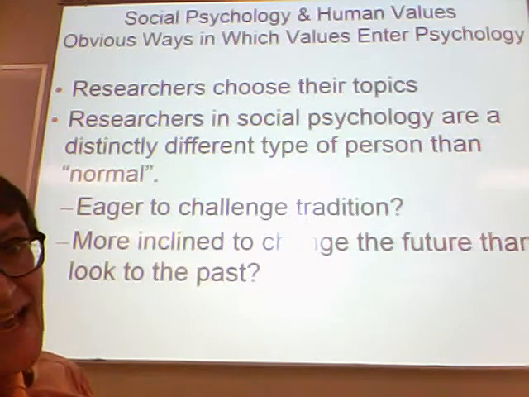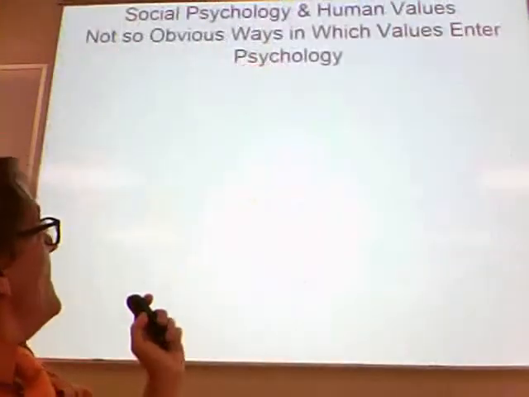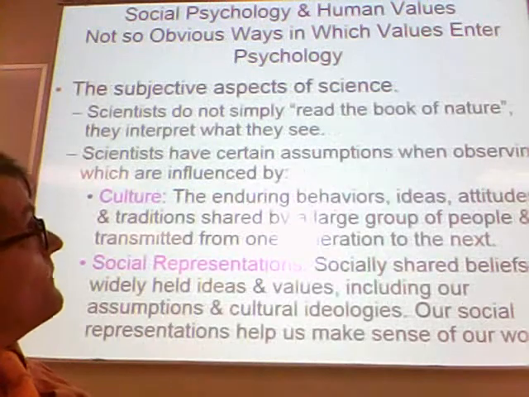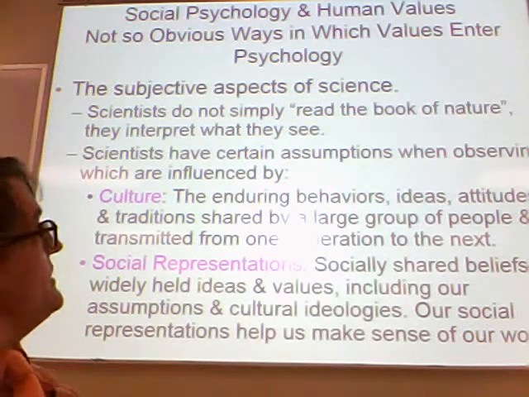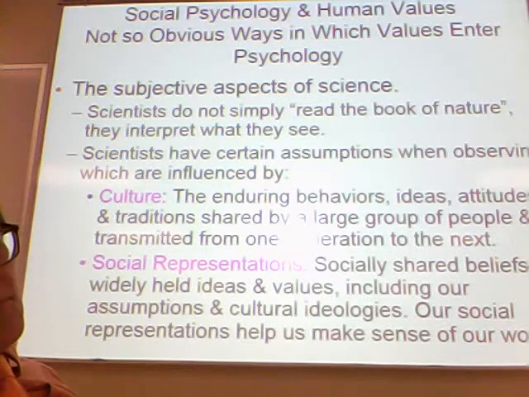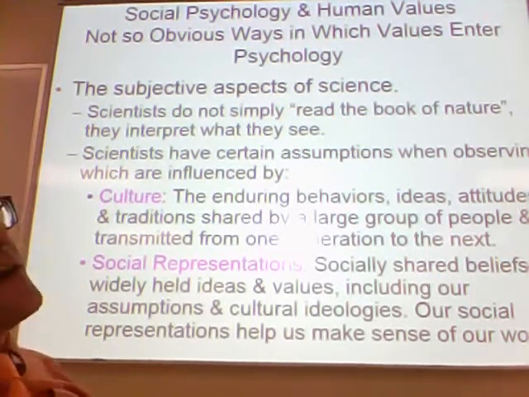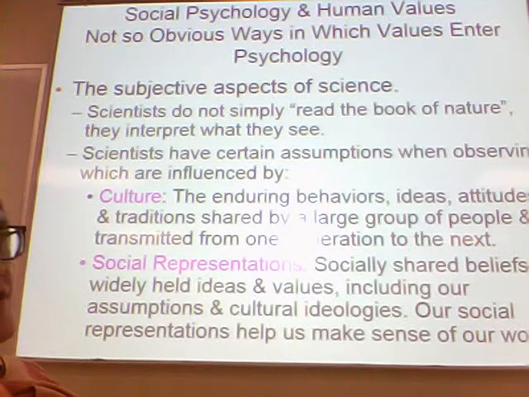Researchers in social science, I don't know, that's crazy. That must have come from Myers. I wouldn't have written that. But check this out. There are subjective parts of science, absolutely. Like we said, we should just read the book of nature or something. But clearly there are assumptions. I have theories. In some perfect world, I will keep my eyes open to evidence which supports or rejects my theory.